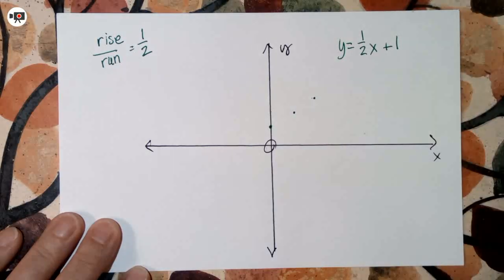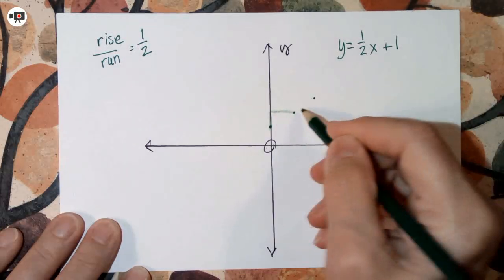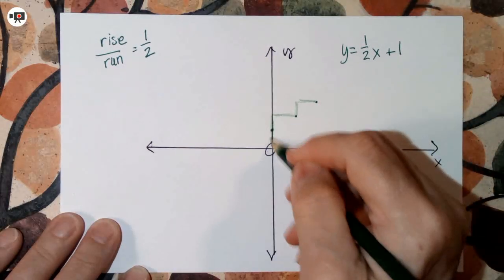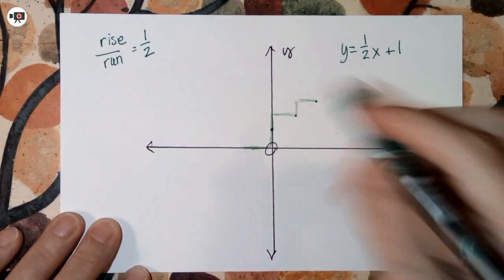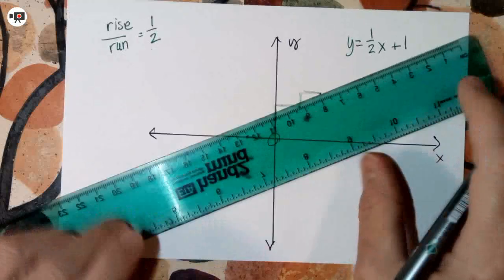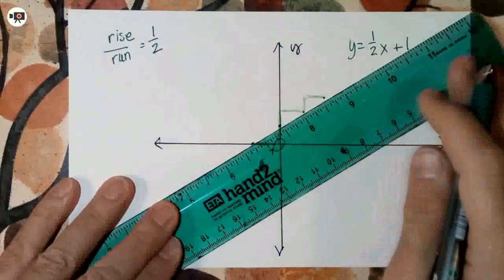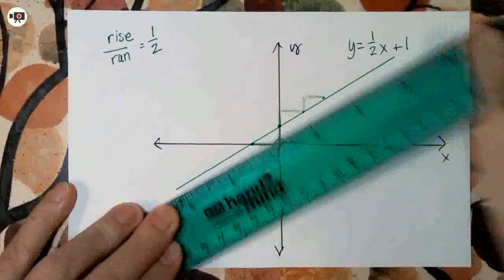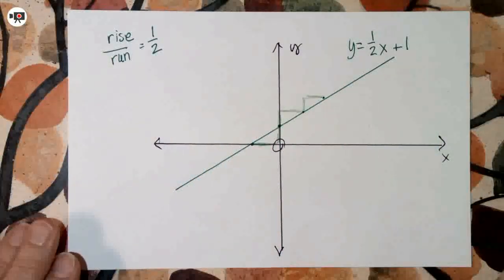Now, do this more than once, because that way you can figure out if you made a mistake. Maybe do it backwards. Fall 1, go backwards 2. That way you make sure you've got a good line. You line them up and you draw it. Okay, so there is an approximate Y equals 1/2 X plus 1.